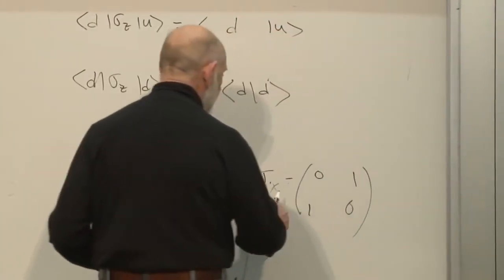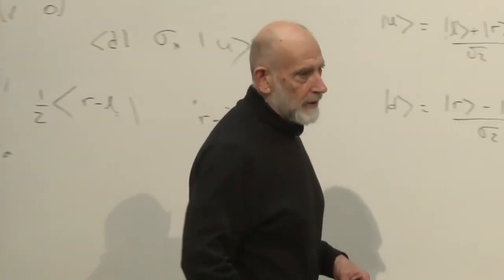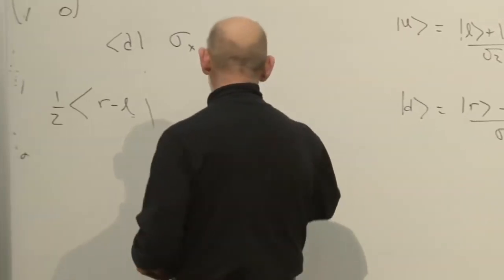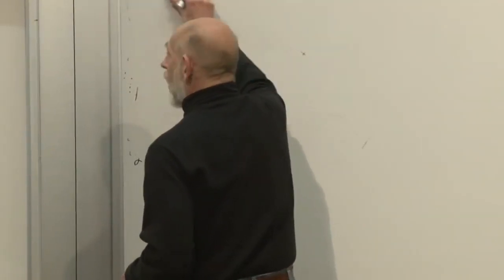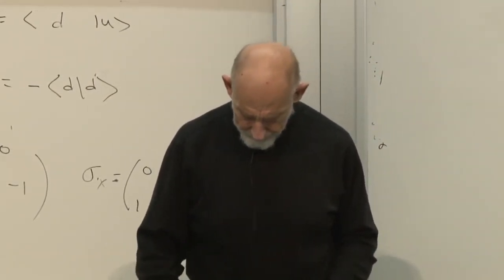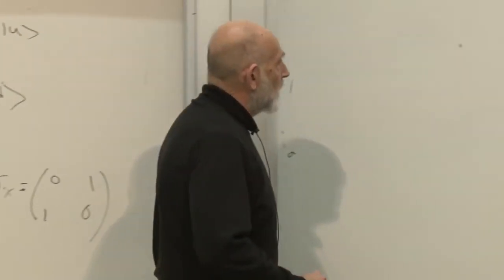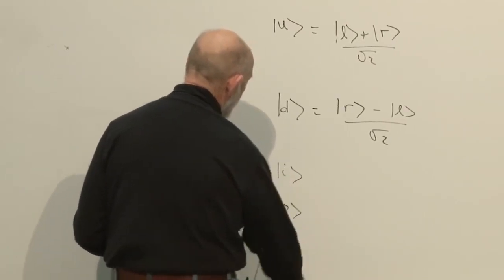All right, the next one is sigma y. And here I'm going to leave some of the algebra. This is very easy to you, but let's see what the rules are. We know the rules. Okay, so there was in and out. I cannot remember which one was which, so I'm going to fake it. And if it comes out wrong, it comes out wrong.